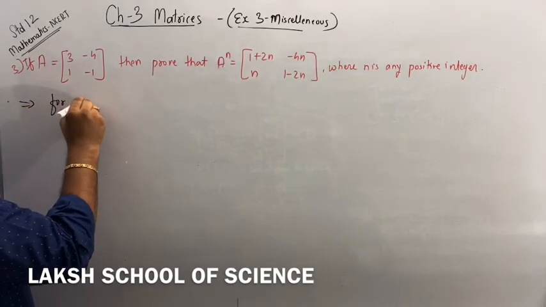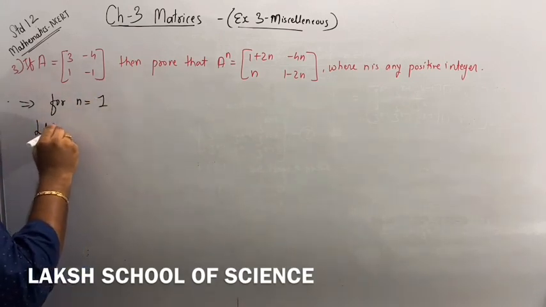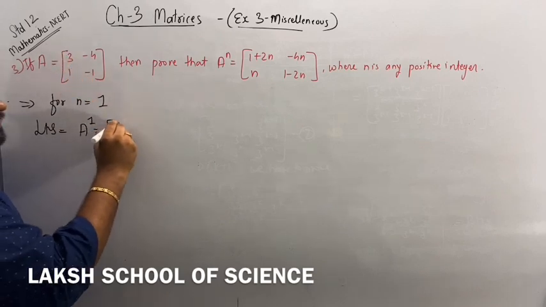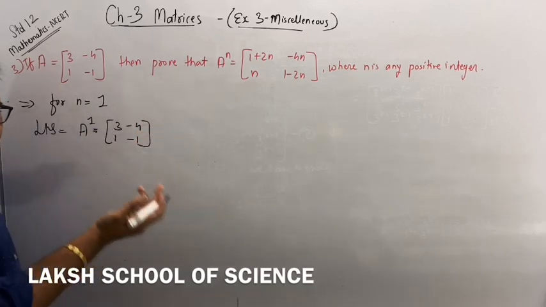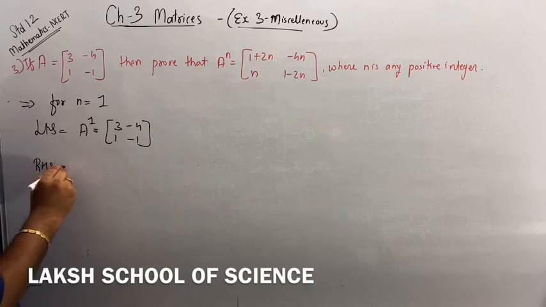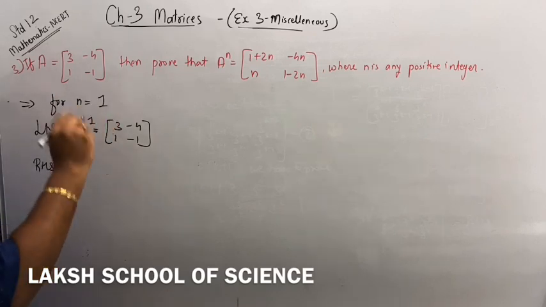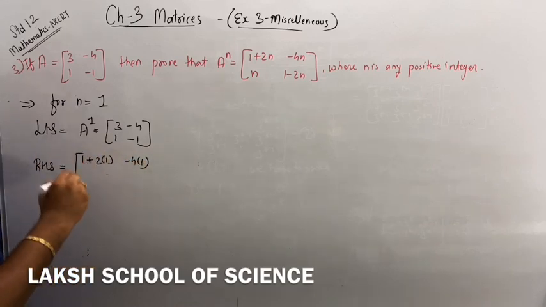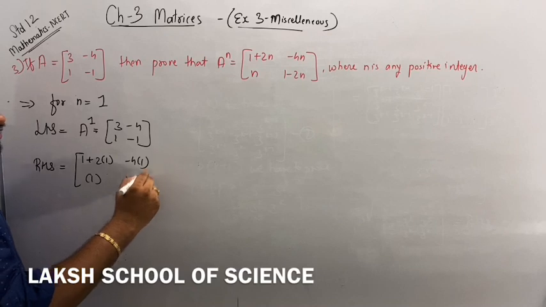For n equal to 1, let's take LHS. It's A raised to 1. And what is A? 3, minus 4, 1, minus 1, raised to 1 means as it is. Second, RHS. It's 1 plus 2n, 2n means 2 into 1, minus 4 into 1, 1, 1 minus 2 into 1.